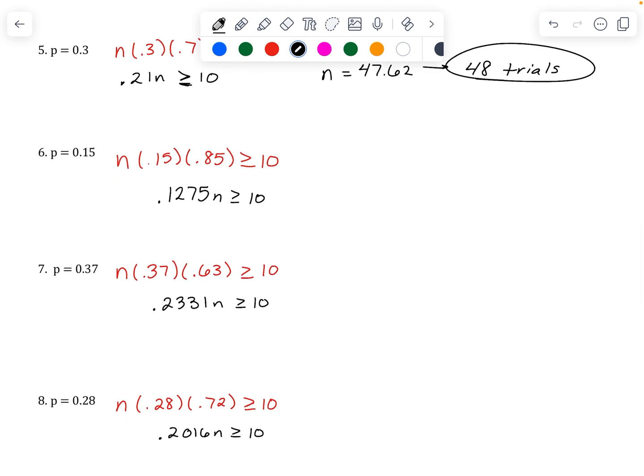All right, please take a look at 6, 7, and 8, and we'll solve for n.